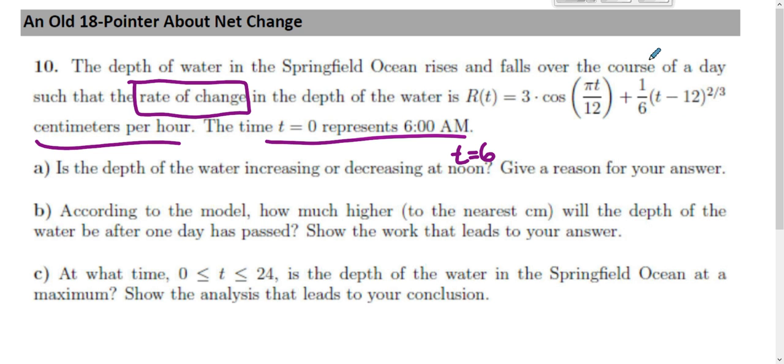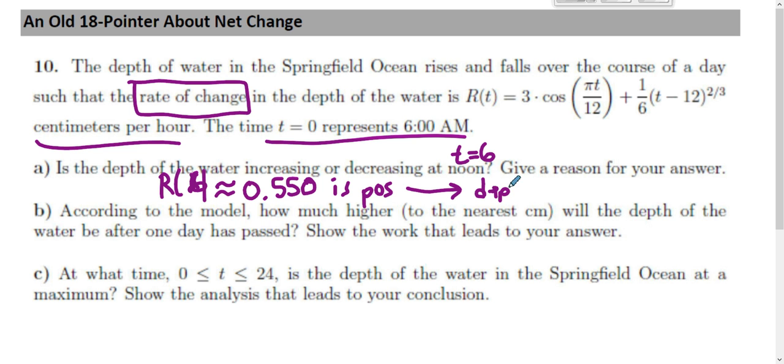Well, this is the derivative of the depth of the water function. So we want to know if r of 6 is positive or negative. And because we have a machine, we know that r of 6 is about 0.550, and that is positive. So the depth of the water is increasing.